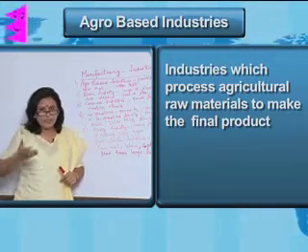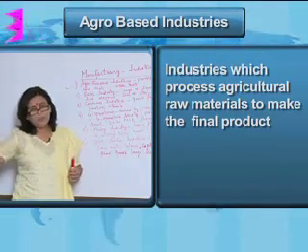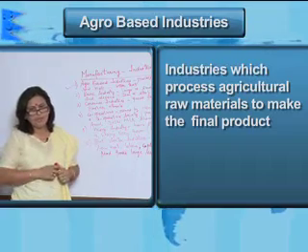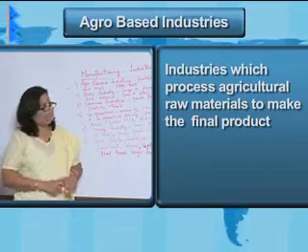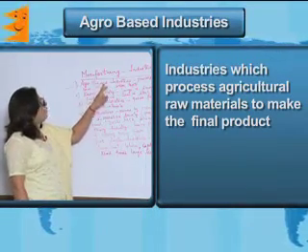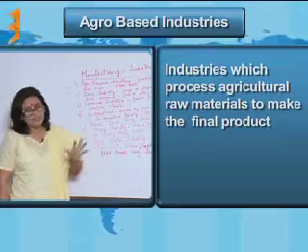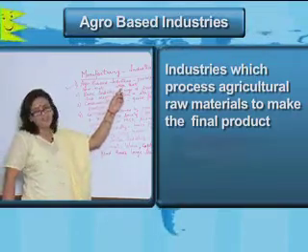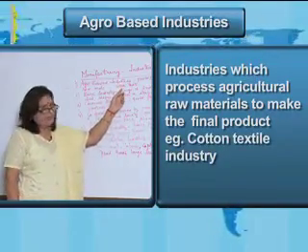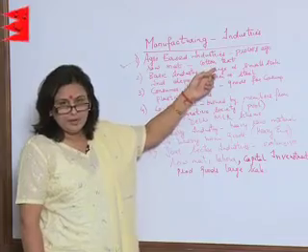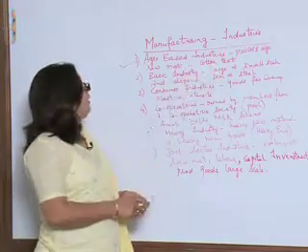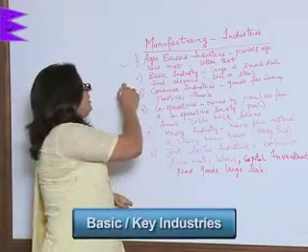So, what do they need? They just need products from the farms, from the agricultural sector. And the best example of agro based industry that I can give you is the cotton textile industry. And which is the raw material that they require? Cotton. Next, basic industry.